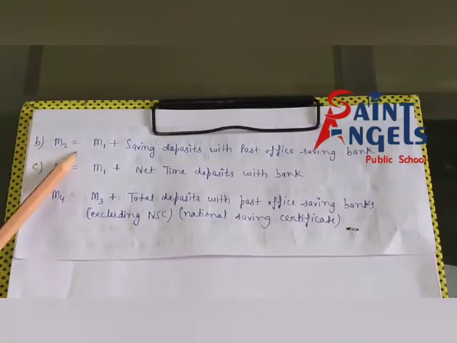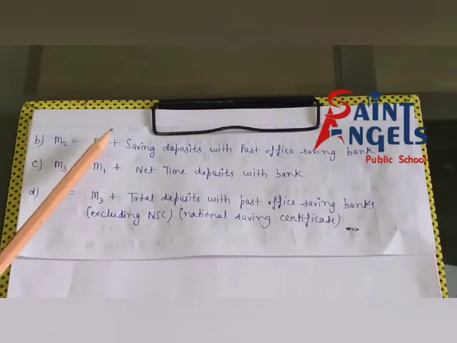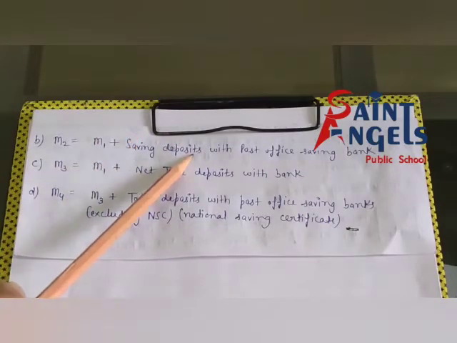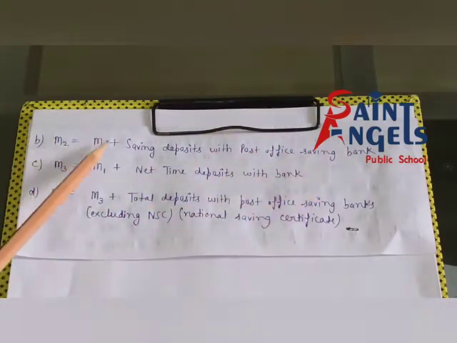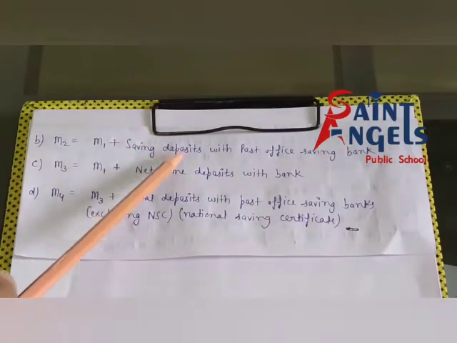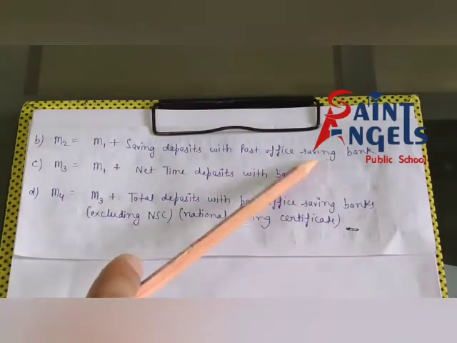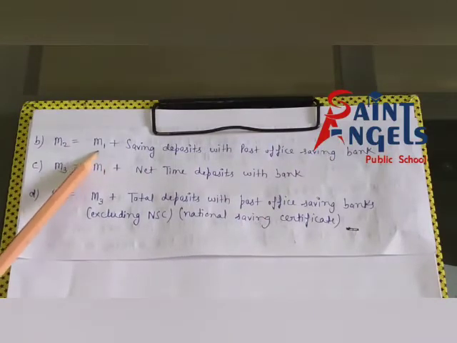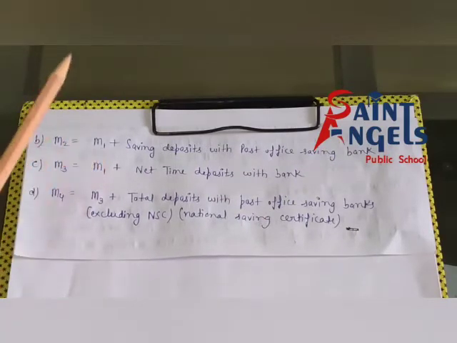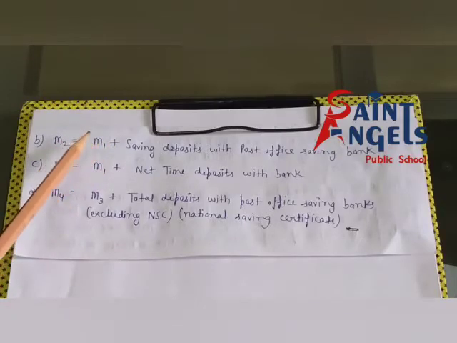What is the formula of M2? M2 is equal to M1 plus saving deposits with post office saving bank. I can write the formula of M2 in this way also. Listen carefully.